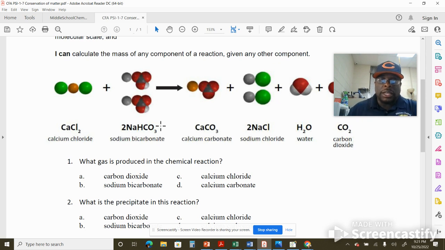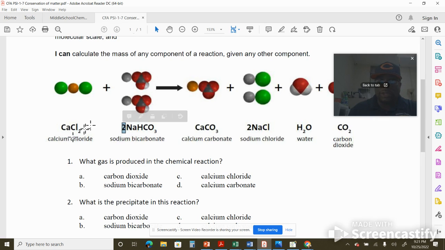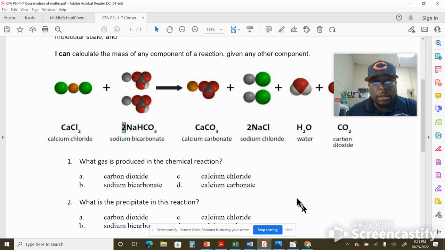When we add these little coefficients here, it makes this whole chemical equation what we call balanced. All right, we want to balance those equations. So that means I need 2 cups of baking soda and 1 cup of calcium chloride. Then I make 1 cup of this, 2 cups of that, 1 cup of this, and 1 cup of that. Okay, that's what it is.